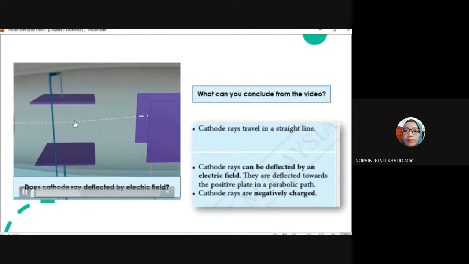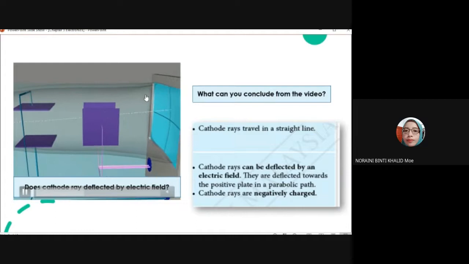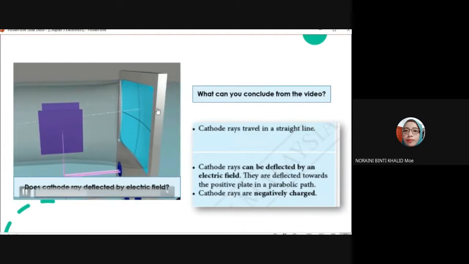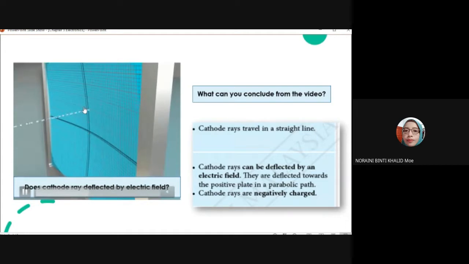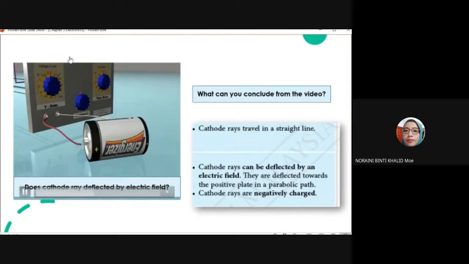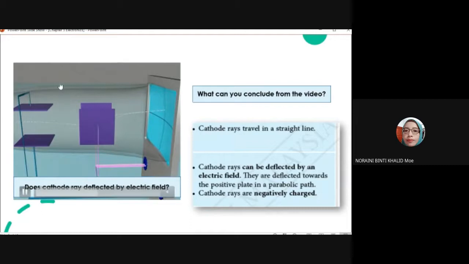So you can see the cathode ray is deflected up. On the screen, you can also see the spot that is produced deflect upwards. If it travels in a straight line without an electric field, the spot will be at the center. Now reverse the terminals: the bottom becomes positive and the top negative, so the cathode ray deflects downwards.